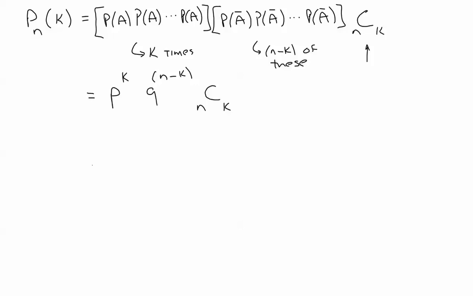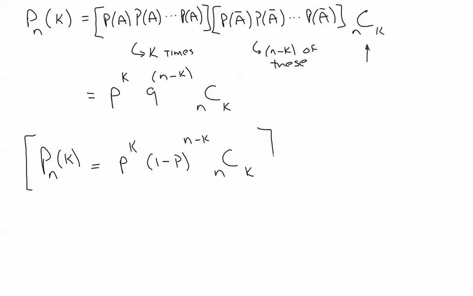All right, one more step. I prefer to typically write it this way: p raised to the k power, 1 minus p raised to the n minus k power, times the number of combinations of n things taken k at a time. That is the probability that in N trials event A occurs k times.